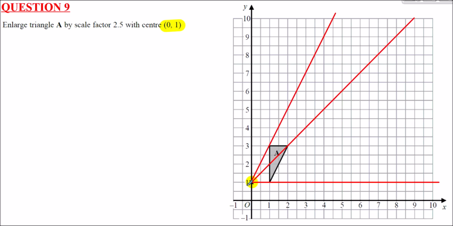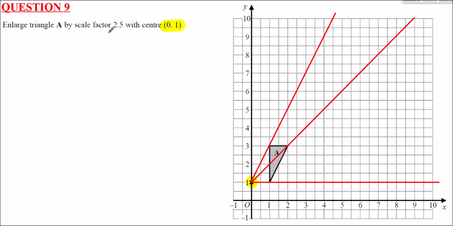We can draw lines going from the centre of enlargement that just scrape each and every corner of the shape. Because the triangle has only 3 corners, do a straight line from the centre, touching that corner and extending on, same with that corner and same with the bottom one. And what this tells us is that the corners of the new enlarged shape will also be exactly on these red lines, just as the original shape was.